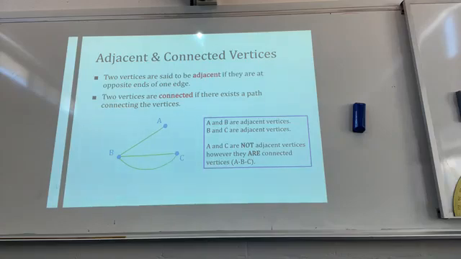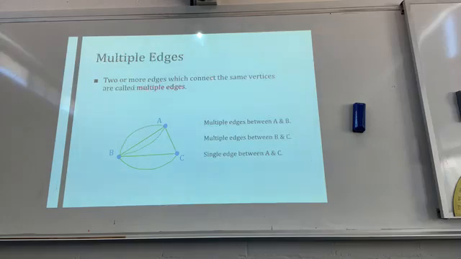All right, I'll move on. Next one. Multiple edges. 2 or more edges which connect the same vertices are called multiple edges. So you can see between A, B, and C, there are multiple edges.